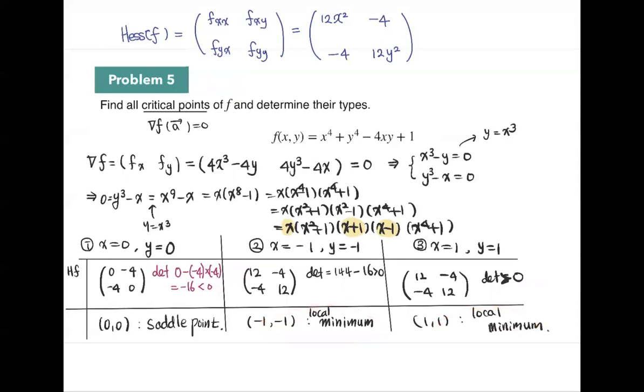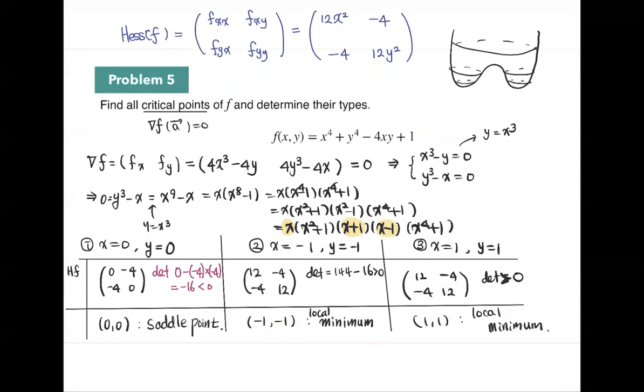Actually, if you draw this function using a graph calculator or something like that, you can see a graph like this.